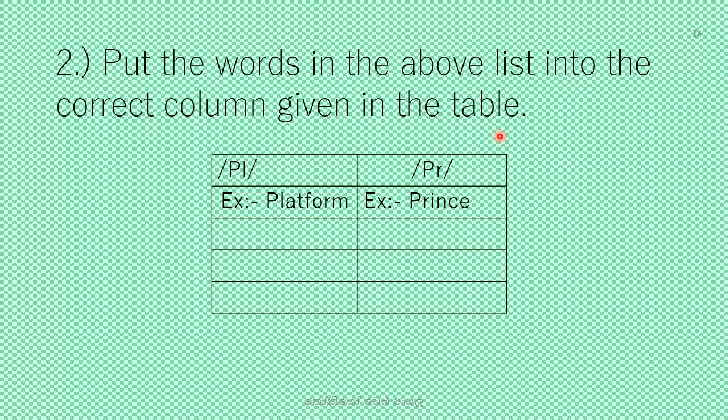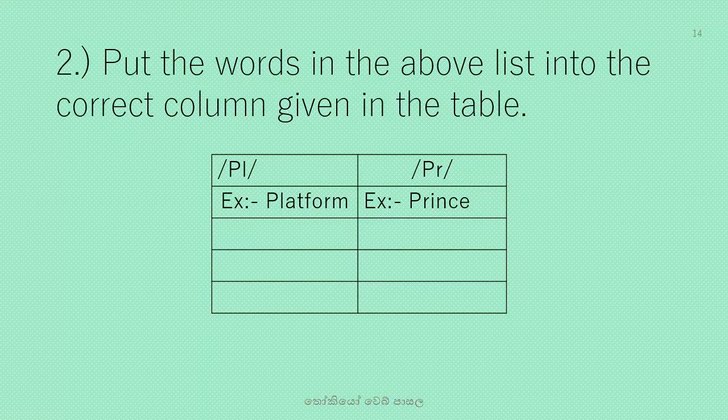So in the table you are given two columns. The first column has P and L, platform, likewise, and the second column is PR, prints. So you need to divide these words given in the list into these two columns.